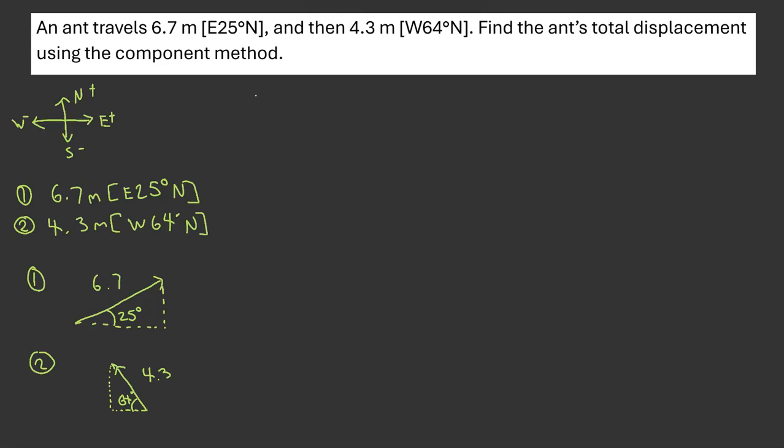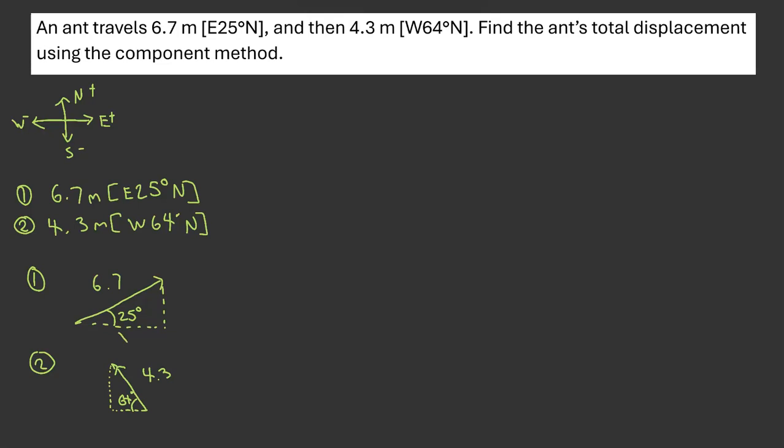Now when I want to start adding these together, I need to evaluate the x and y components of both vectors separately, because I can only add the x components together and the y components together. And then I'll show you how we can combine everything at the end.